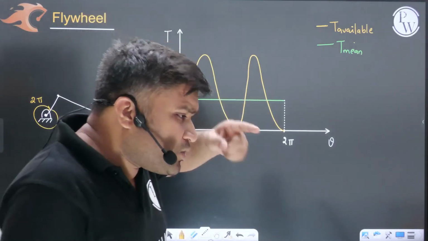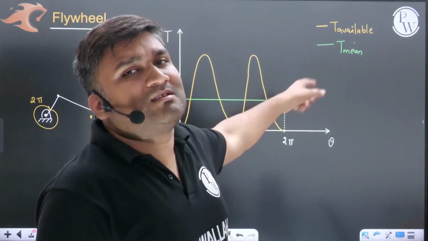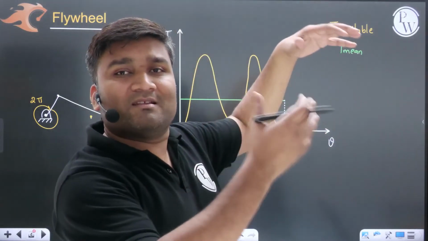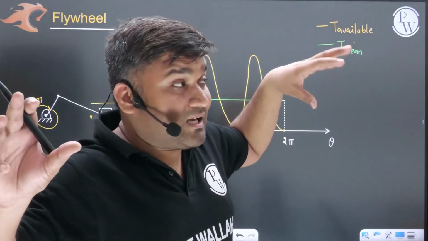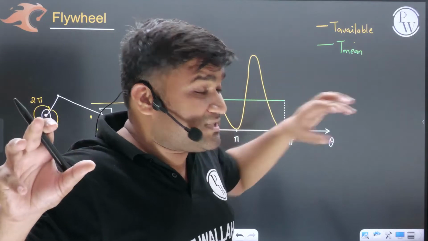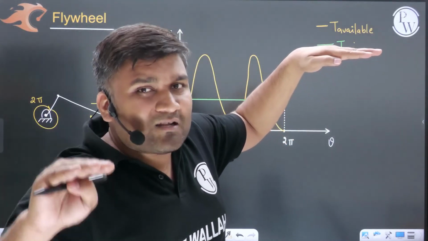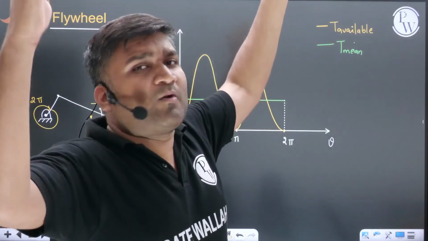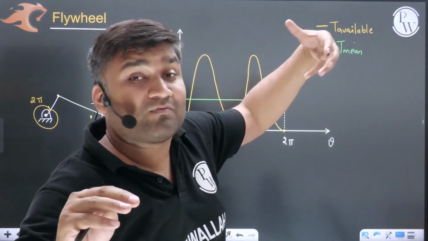If you ask me how much load I want to connect against this engine, brother, I want to fully utilize my engine. Whatever energy my engine is developing, I want a load which requires exactly the same amount of energy. Understand? If a lesser load is there, then the engine is producing a huge amount of work and you require only very little. Rest everything is going to be wasted.